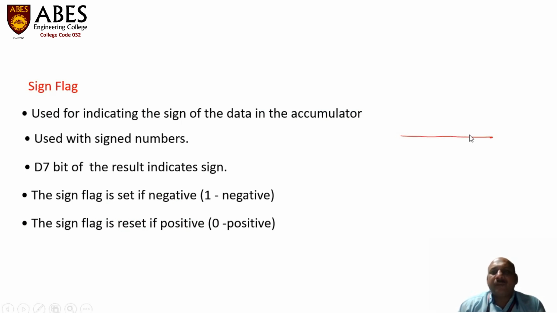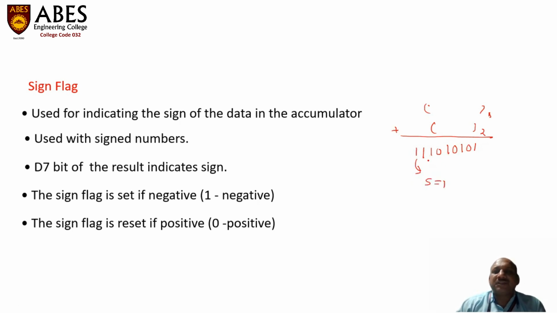For example, if we are doing any operation, and we have one data and another data, and if we are doing addition and we get bits like 1 0 1 0 1, if the last bit is 1, it means the sign flag equals 1.